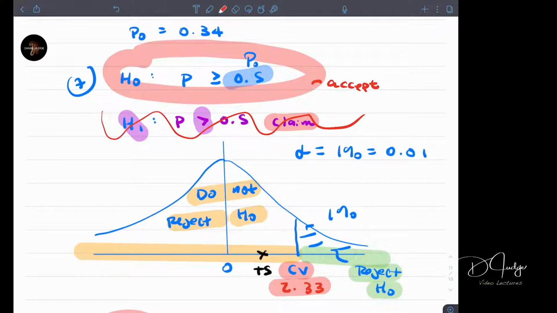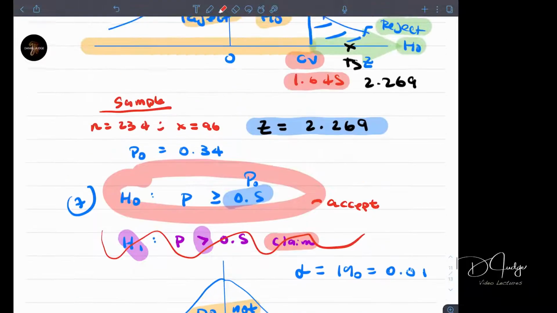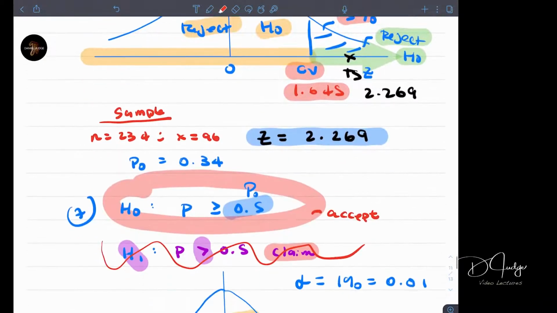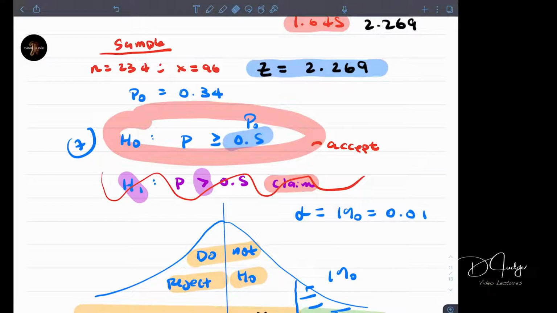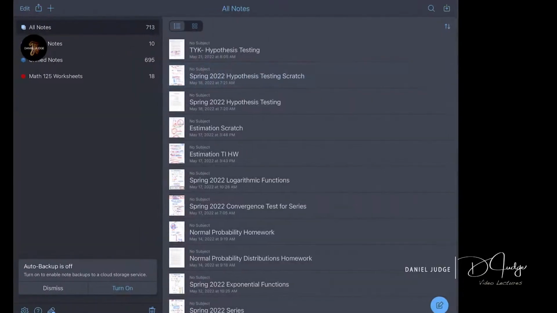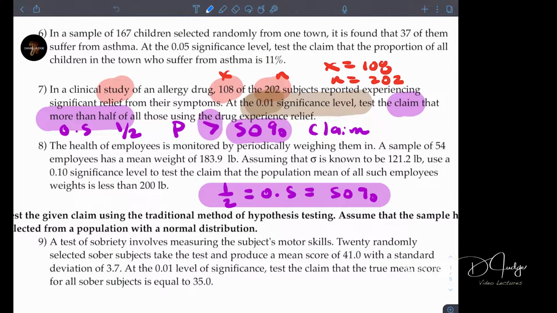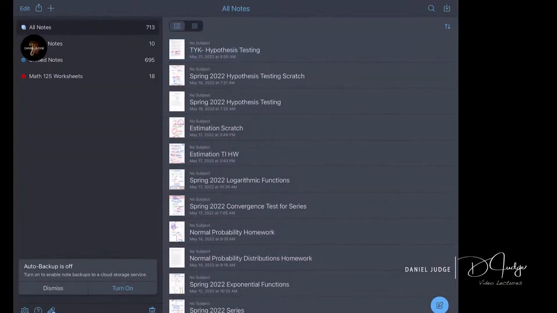So the sample proportion is suggesting that the true proportion is greater than 50%. Uh-oh. This is less than or equal. Sorry. Oops. Go back. I noticed something here. The claim is greater, so the null is less than or equal.